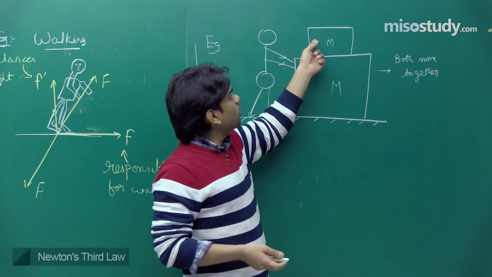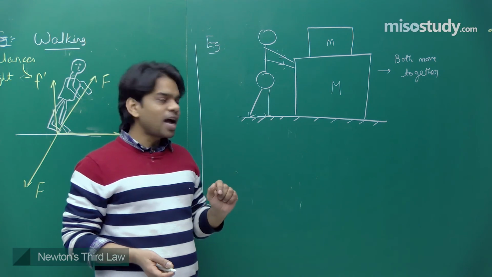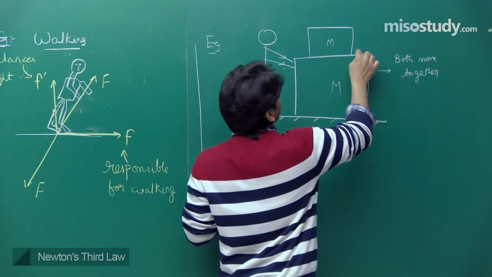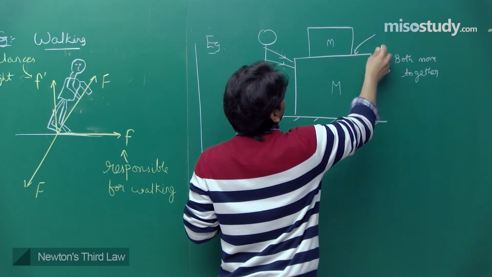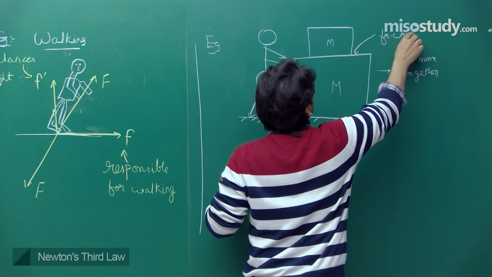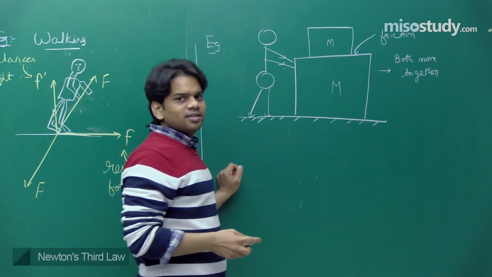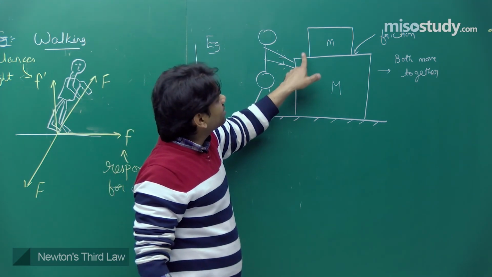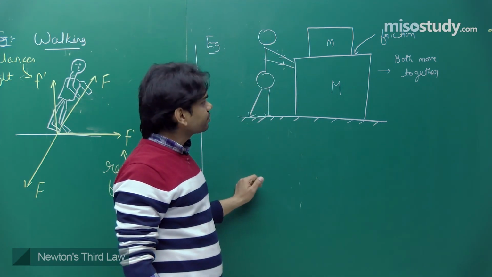Which force is responsible for this? That force is the contact force, or the friction acting between these two surfaces. We will talk about friction in detail in the next lesson, don't worry about it. So hence this is moving together.